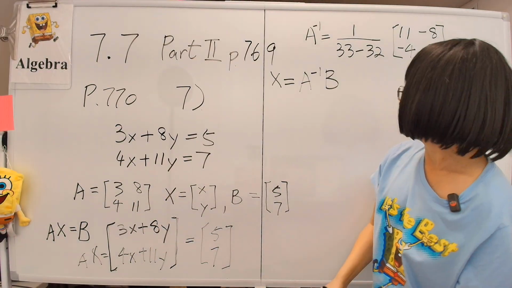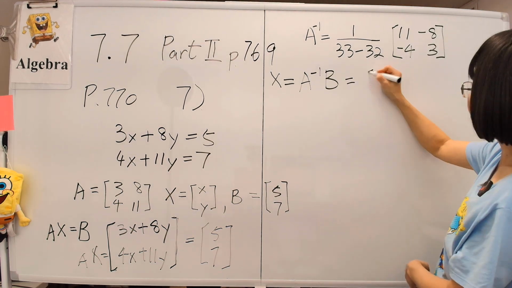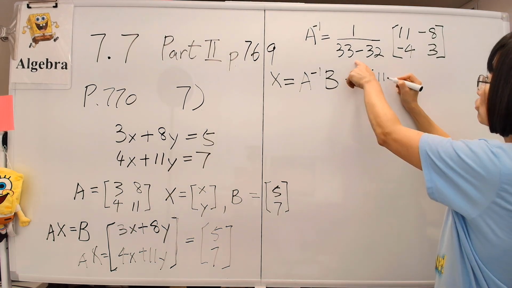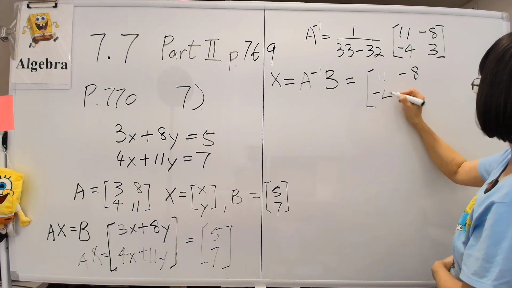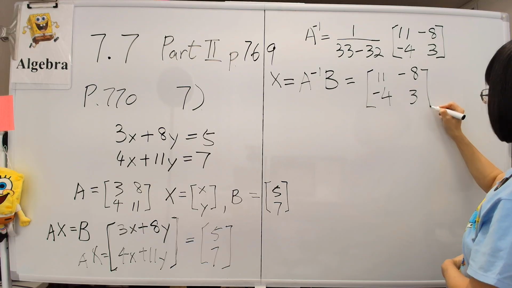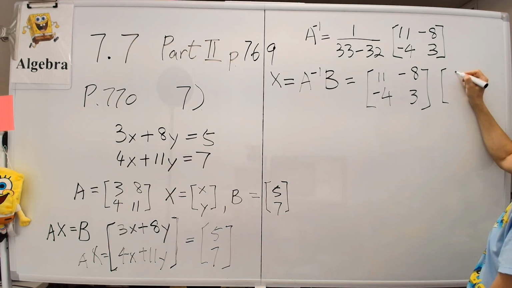So let's do that. What is A inverse times B? I'll write down A inverse right here. That's just 1, so we can write down minus 1, 11, minus 4, and 3. And B is that thing right here, 5 and 7.